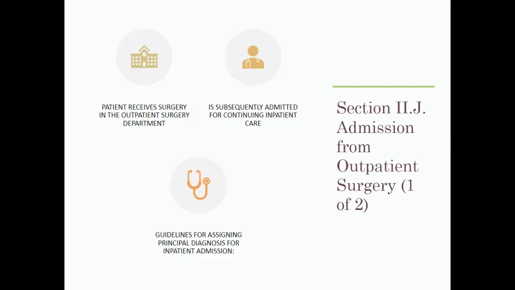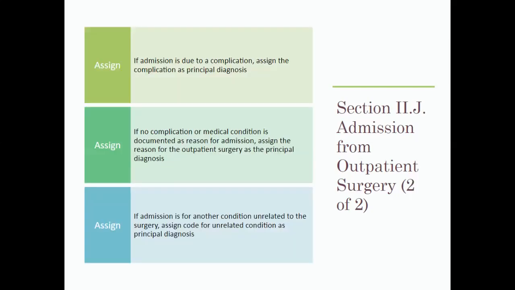I know that this sounds foreign as I'm reading it, but as you're doing the examples in your chapter, which I believe you should have done yesterday, and also reading your chapter, you're going to be able to say which examples go with which scenario. Okay. Admission from outpatient surgery.